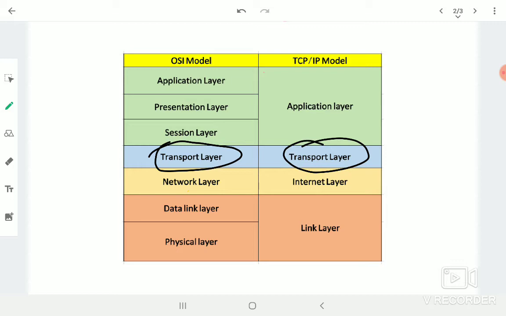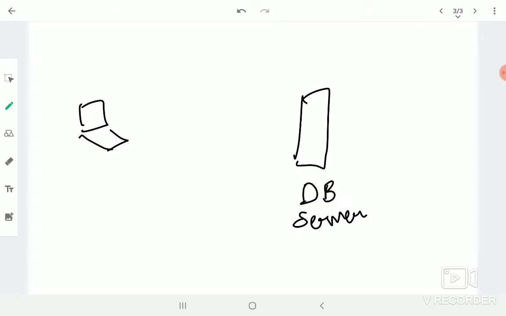Now, you must have come across network engineers saying, "Oh, this is a transport layer problem." So what happens? At the transport layer, the operating system makes a choice, and that choice is actually dictated by the application layer itself. What do I mean by that? I've got the same example where I have a cashier on his or her machine, and then a database server which hosts the information about all the accounts, right?